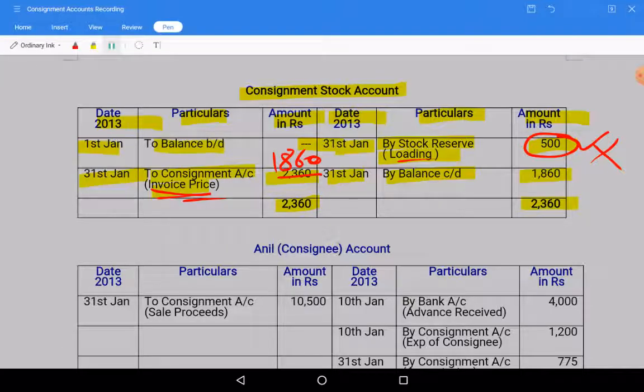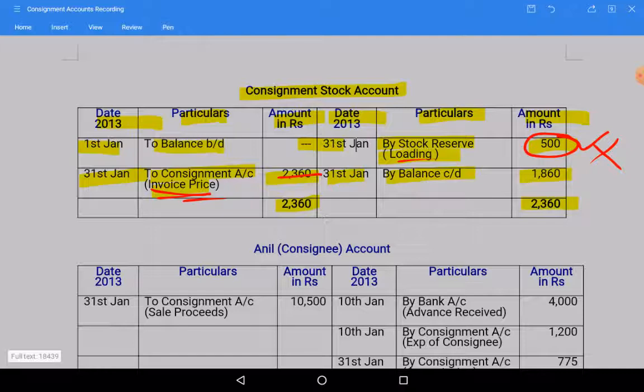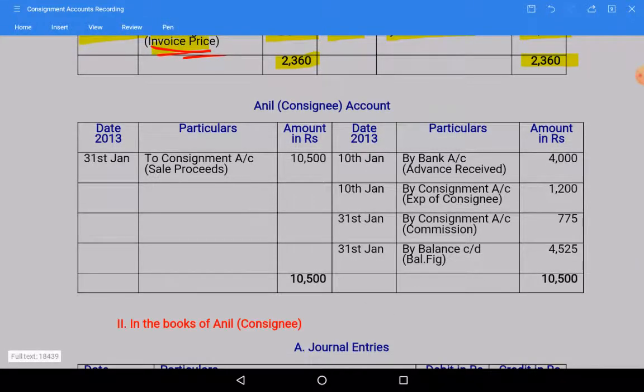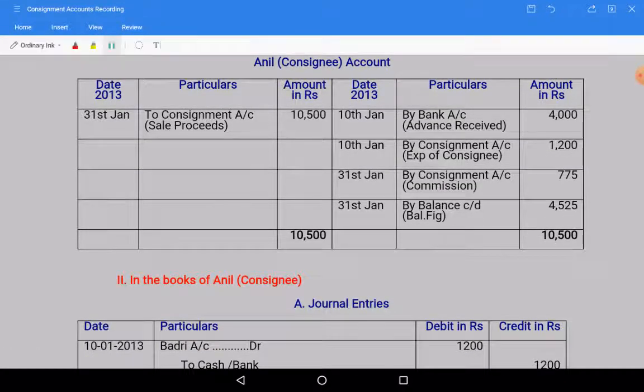Next, consignee account. In the consignee account, there will not be any problem. There are no loading portions or invoice price portions in the case of the consignee account.